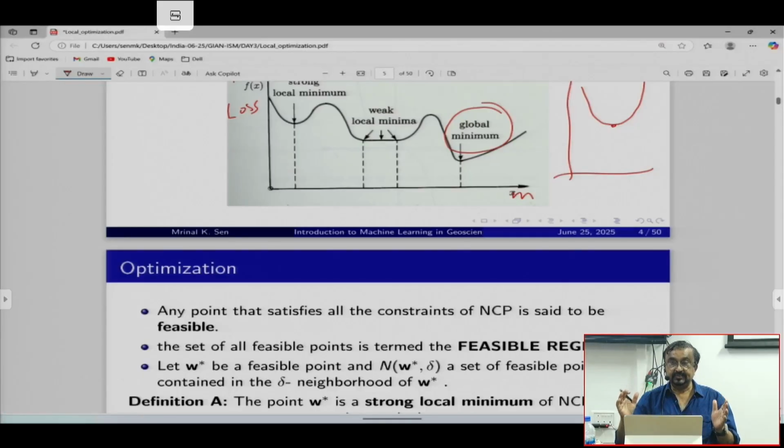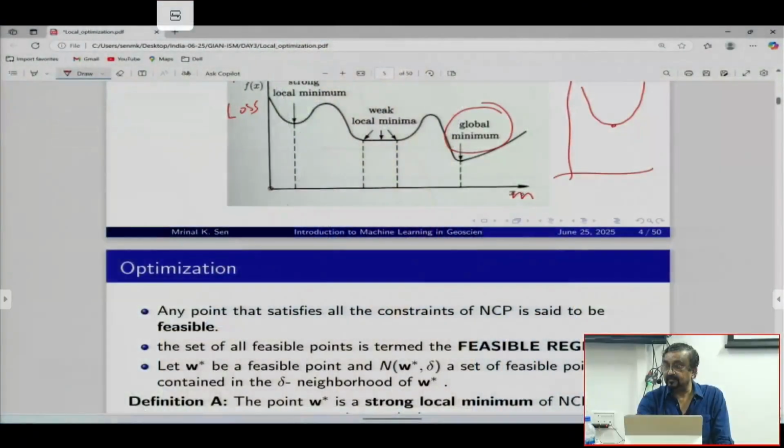Remember I talked about putting some prior or something like that. So let's say that I have some feasible region. If this is some, say, density parameter or velocity parameter, let's say it's a density, and you know that the density can be between say 2 and 6 grams per cc.